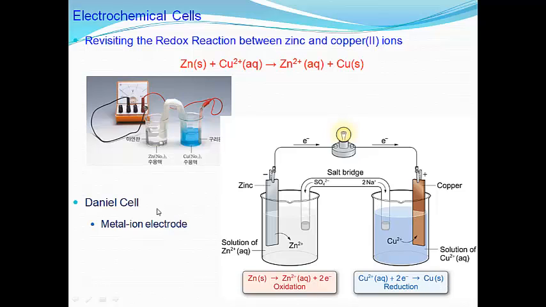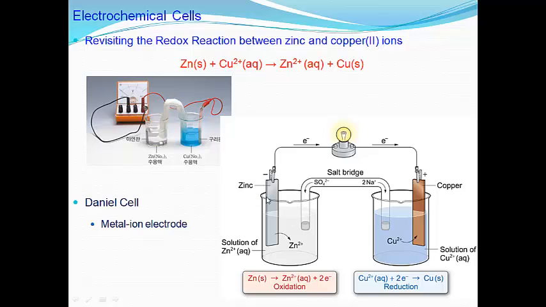Alright, now in this cell, the Daniell cell, we have shown that the metals zinc and copper, which are called electrodes, are essentially a piece of metal that allow for the migration of ions and also the electrons.